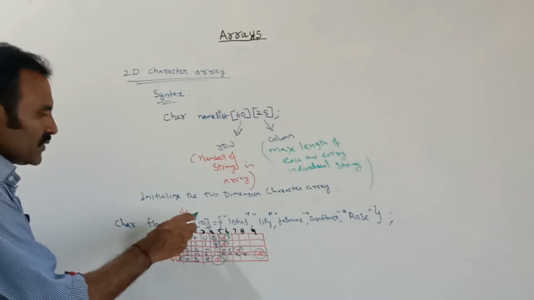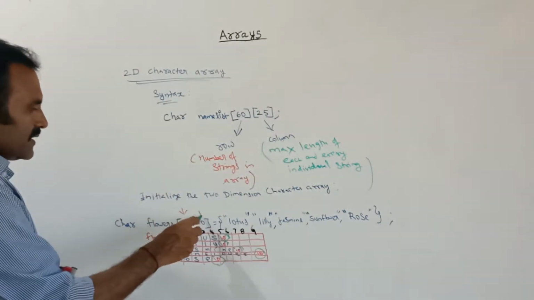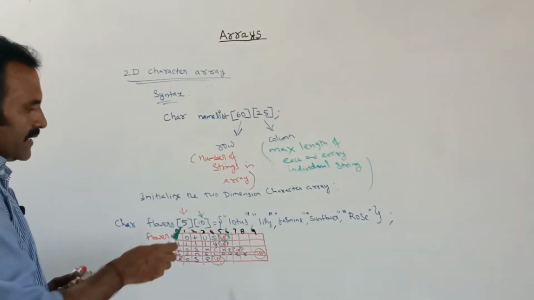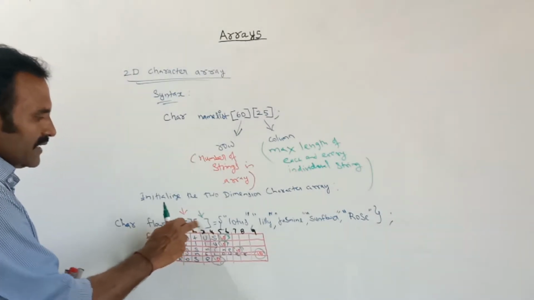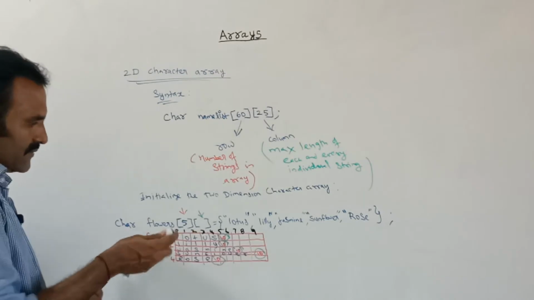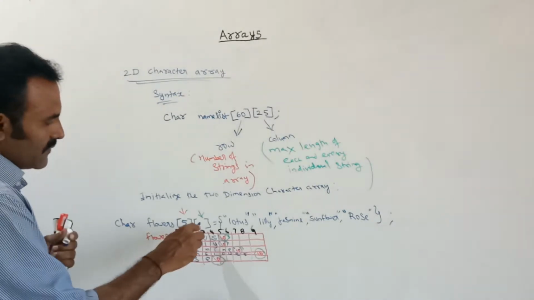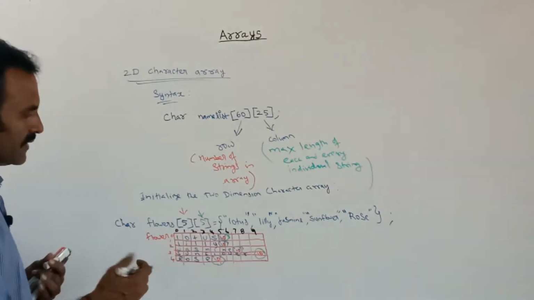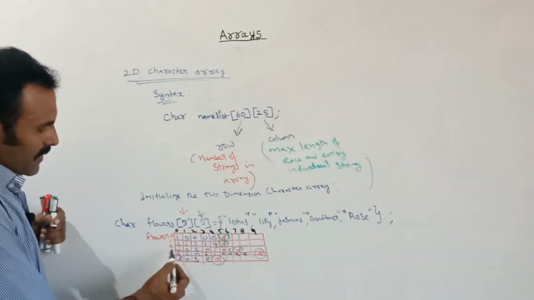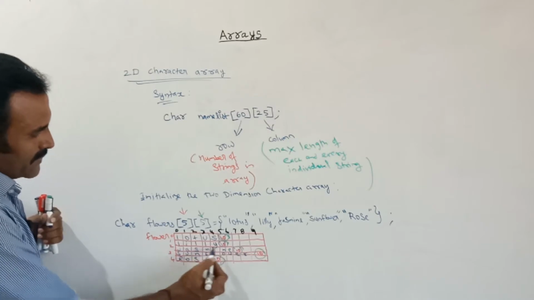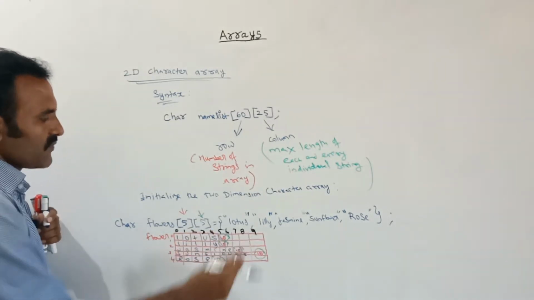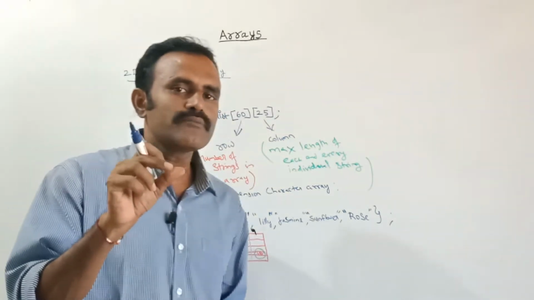While declaring this one, that is the maximum length we can declare. See, suppose if you are storing the column value as 5, then at this step when we are storing the sunflower or jasmine, the overflow error will occur.